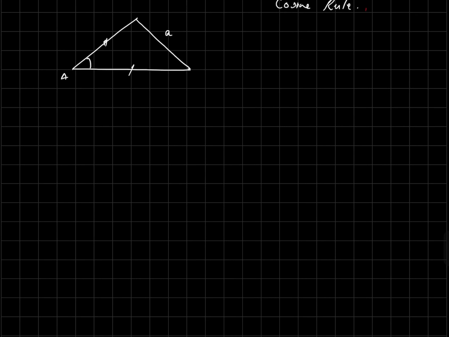So I repeat, the primary idea for the cosine rule is to find a side or an angle when you have knowledge of the other two sides.